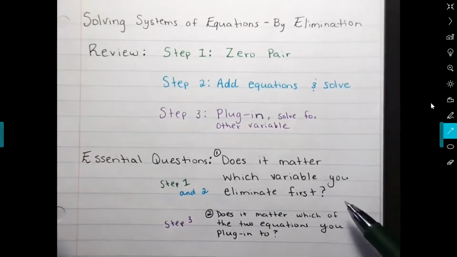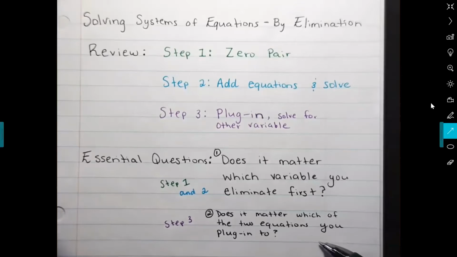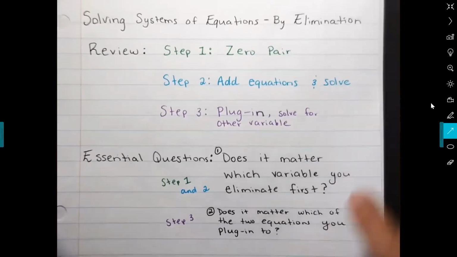And I worked out an example for you both ways to address these two essential questions, which is, does it matter which variable you eliminate first, or does it matter how you start? And then does it matter what equation you plug into? I didn't really show this one just because I think you get the point that you always want to plug into the equation that looks easiest. But regardless of which equation you plug it into, you'll get the same answer if you do the math right.